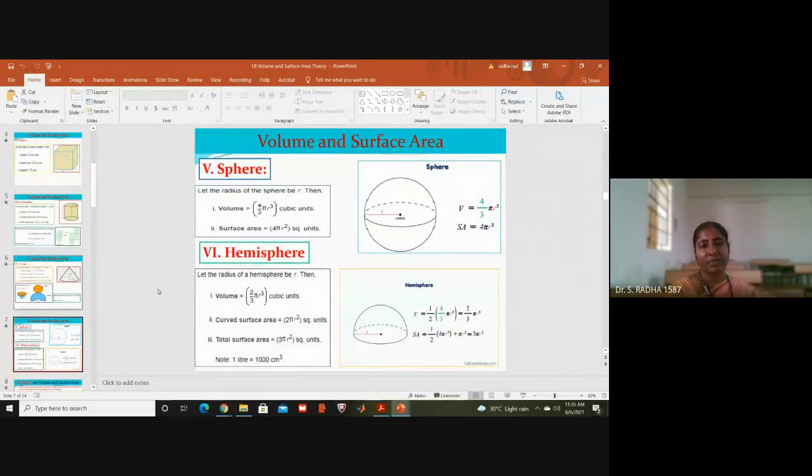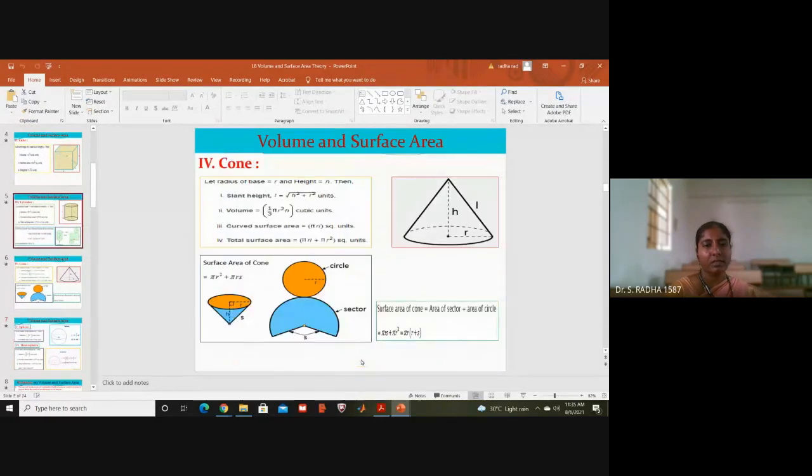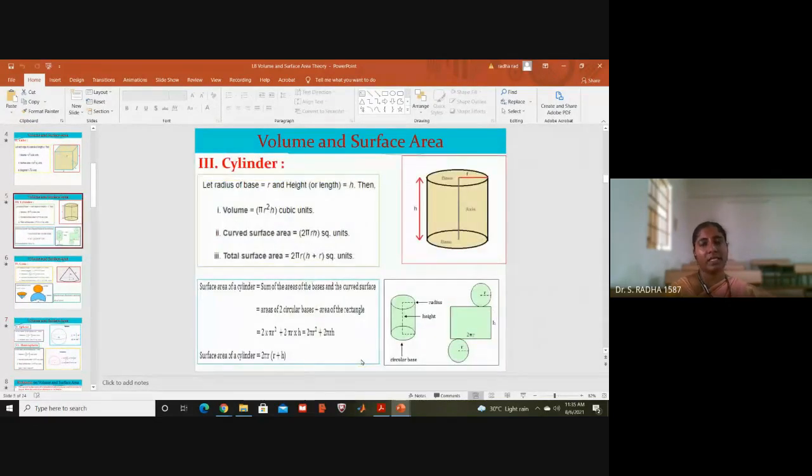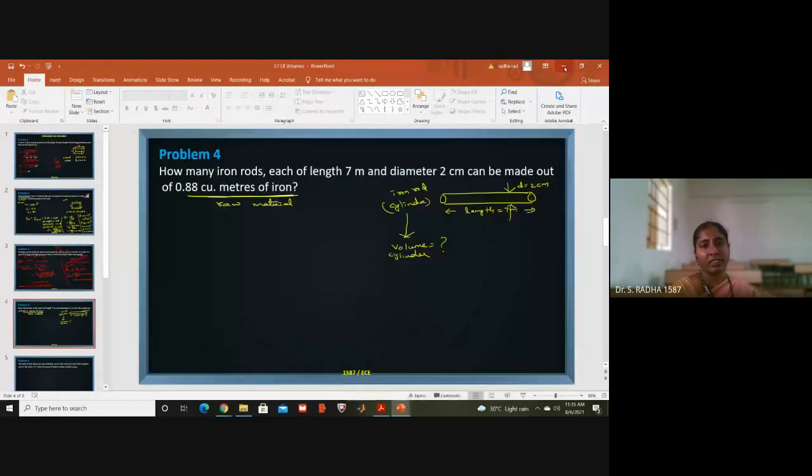Here, in the case of hemisphere, we will be having 2 by 3 pi r cube like that. So in the case of cylinder, pi r square h is the volume.